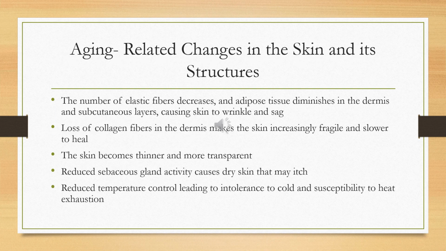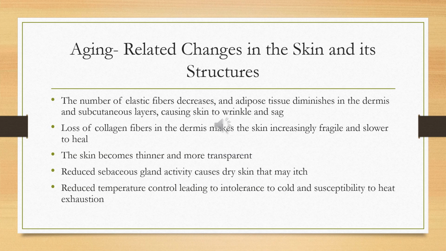So when we talk about our aging population, a lot of different things happen to the skin as we age. The elastic fibers decrease. The adipose tissue, which, remember, I said the fat tissue, that decreases.